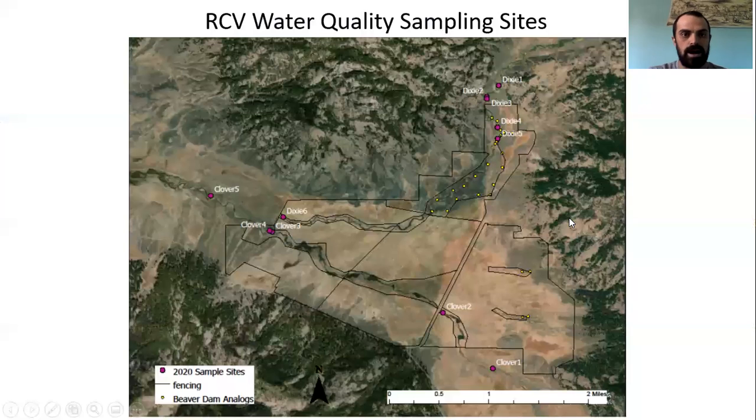So my study area is here. These are my sampling sites in purple, and I'm looking at two different creeks that have very different environments around them. The lower creek is Red Clover Creek, and this has active cattle present and uses a restoration method called pond and plug.